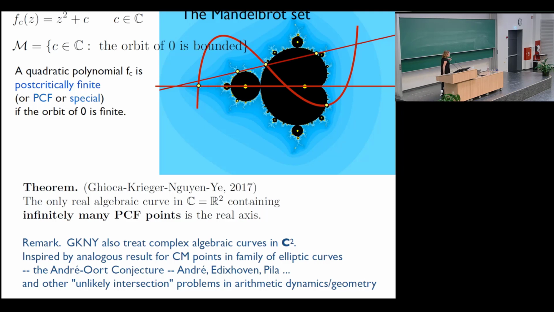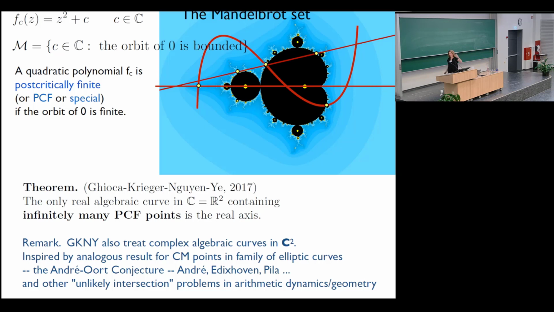And the theorem they proved, which was an exact sort of, in some sense, dictionary translation to a theorem of André and Edixhoven in a slightly different form, which was about algebraic curves in C2, where you identify C, in that case, with the family of elliptic curves via their J invariants. And they were looking at the algebraic curves that pass through infinitely many special points in that setting, where special in that setting is where both components corresponded to elliptic curves with complex multiplication.